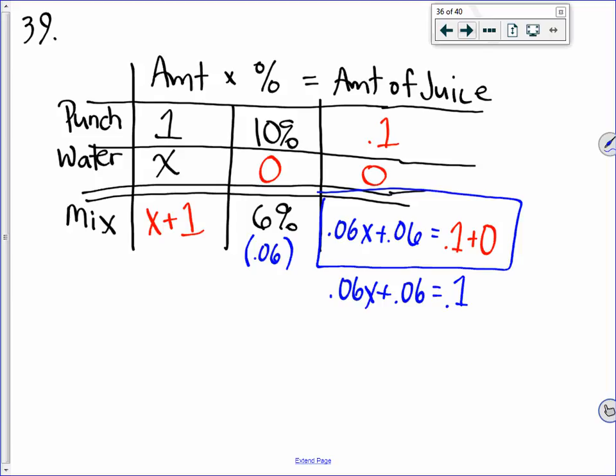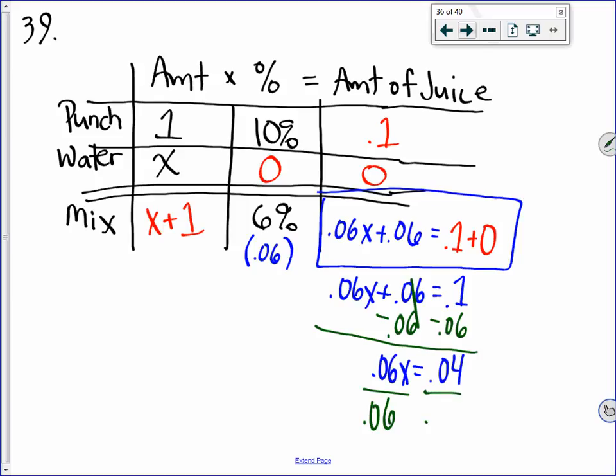Now we're going to subtract 0.06 from both sides. And this is going to be 0.666 repeating, or just 2/3 of a gallon, depending on if you want to use fractions or decimals.